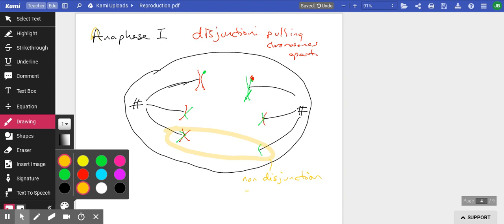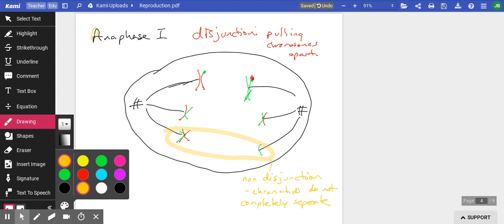The chromatids don't completely separate. Again, that's rare, but we're demonstrating it here so that you can see how it plays out.